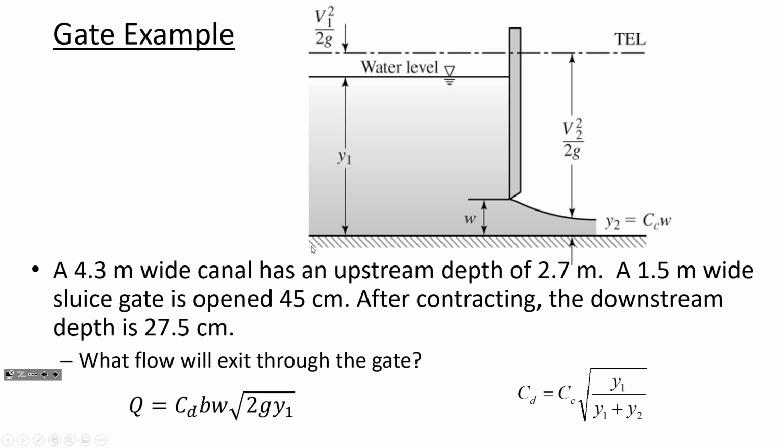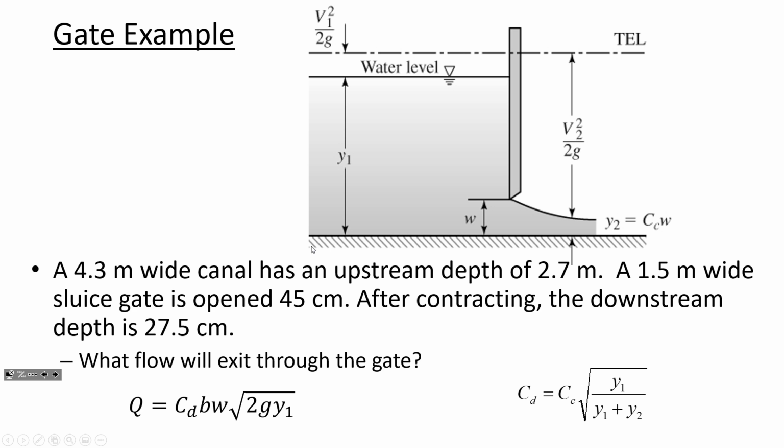Now this is important to distinguish the channel width and the width of the gate that's releasing flow. So here's like a dam of a sense, and then there's a gate that is being opened. The water is flowing through here, and this frame has been pulled up out of the way to release the flow.